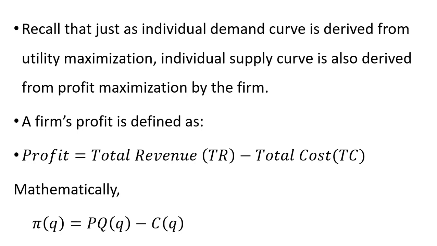Then with respect to q, the output under production, we also saw how firms combine inputs in order to produce an output. So today our focus is to look at the cost aspect of this profit function. We are going to focus on the cost that the firm incurs as it produces an output q.